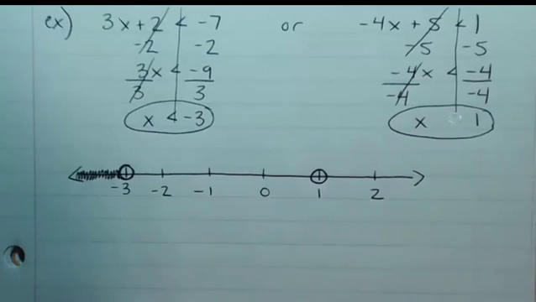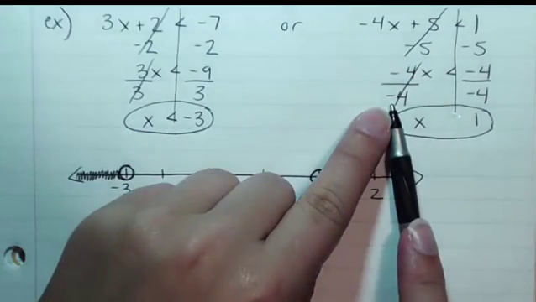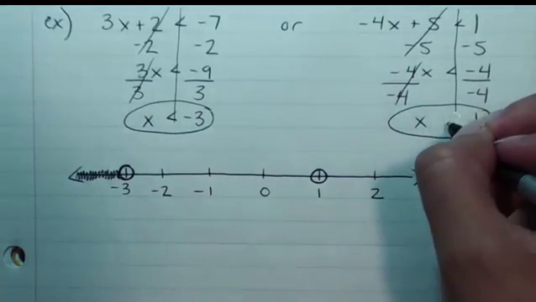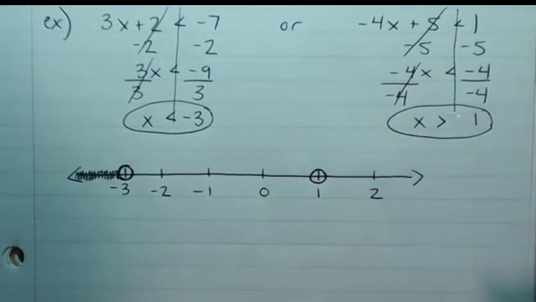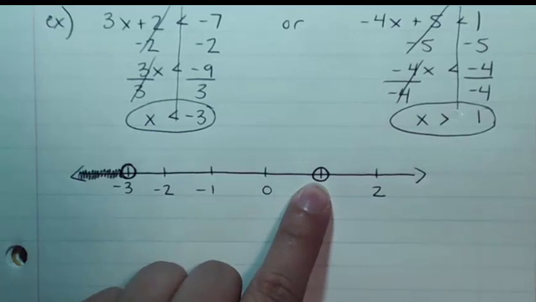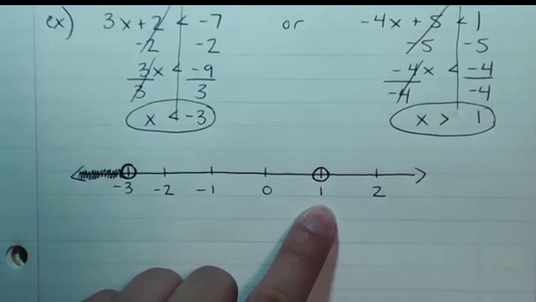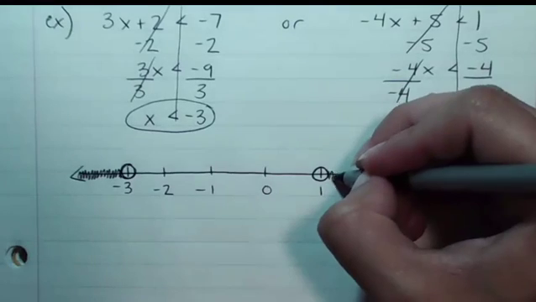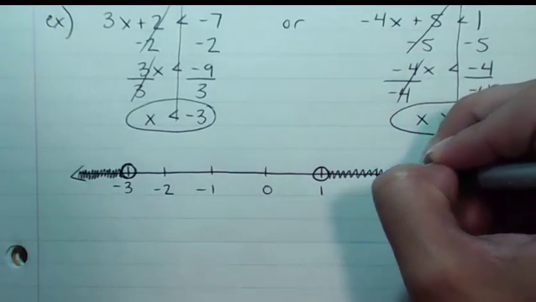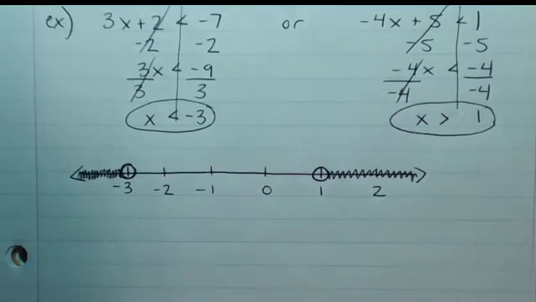But that's awesome if you caught it. So, since I divided by that negative number, this has to be flipped, so it should be greater than 1. So in that case, it's still an open circle on the 1. If x is greater than 1, I know it's shaded to the right. And there you go.